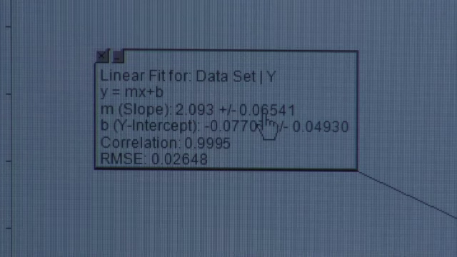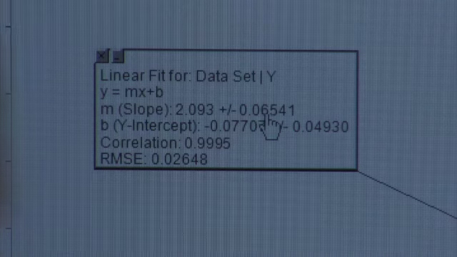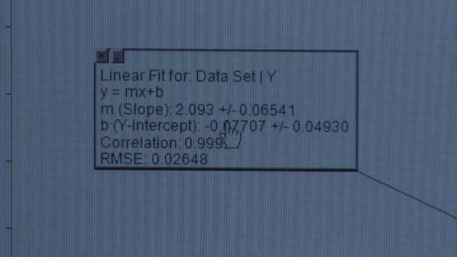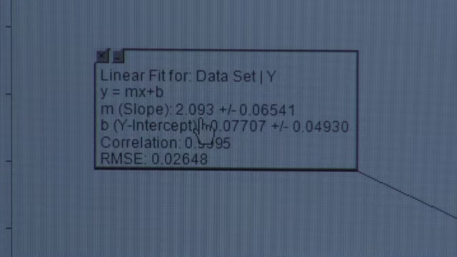And you want to compare that to the value that you get by plugging in 2 pi over the square root of G, which is 9.8 meters per second squared. That number comes out to be something like 2.07, if I remember right. And if that's the case, our error range includes the expected value, 2.09 plus or minus 0.07.